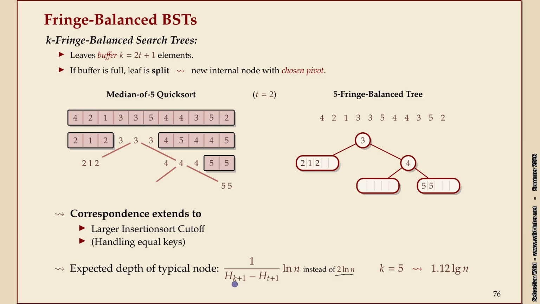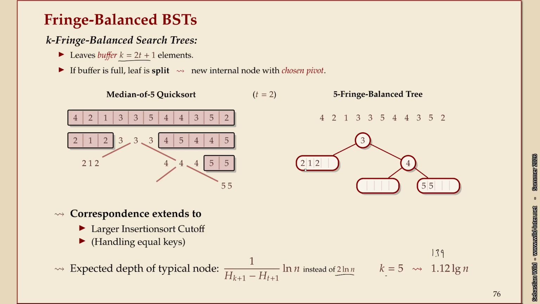So that's the k plus first harmonic number, this choice of parameters. And with 5, you get 1.12 instead of our 1.39. So the tree is somewhat more balanced. And you get this essentially from waiting to choose who becomes a subtree root by collecting a few elements in the leaves.